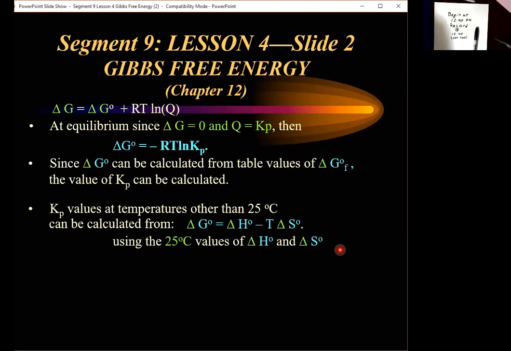If we go to a higher temperature, the enthalpy of the reactants and the enthalpy of the products would both increase with temperature. But the delta H, the difference between them, doesn't change much.